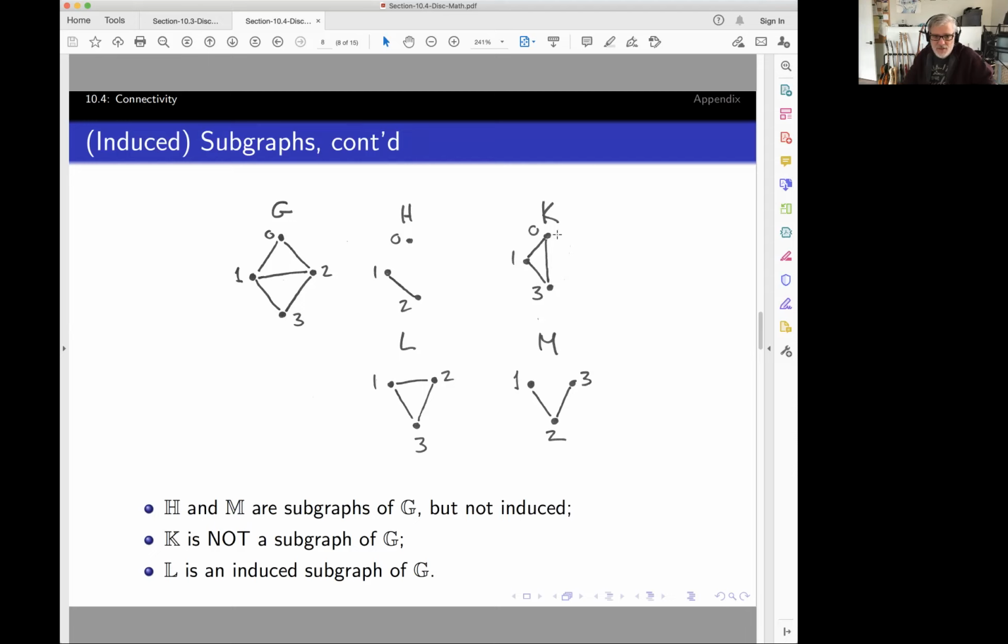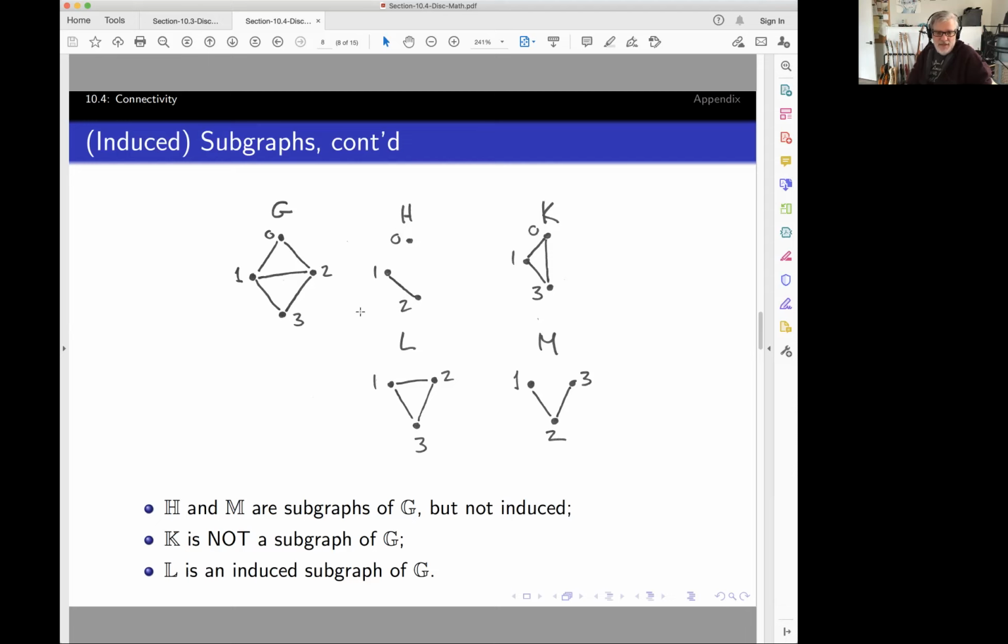Because of the edge 0, 3. This is not good because 0, 3 is not an edge of G, so that's bad. Okay, so K is not a subgraph. To get a subgraph of G, what I need to do is just basically remove stuff. I can't add anything, okay?